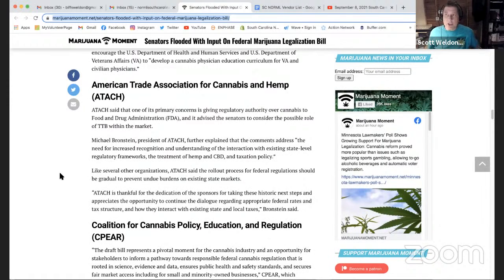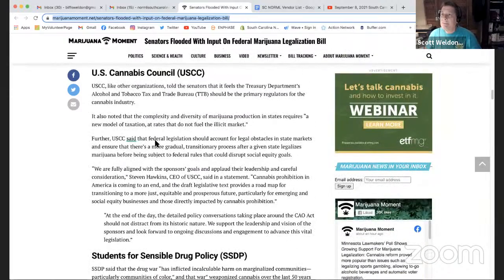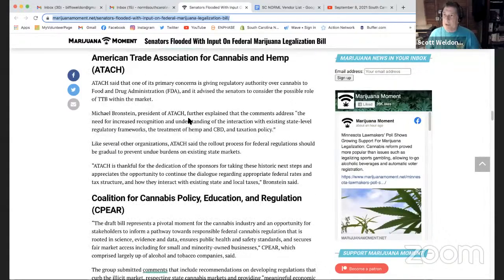Here's another one that's talking about concerns about giving the regulatory authority to the FDA and advises senators to consider the possible role of the Tax and Trade Bureau within that market.